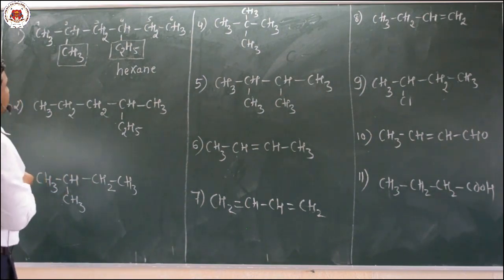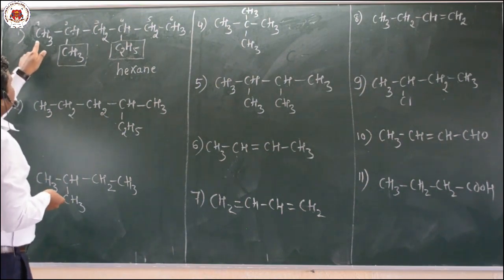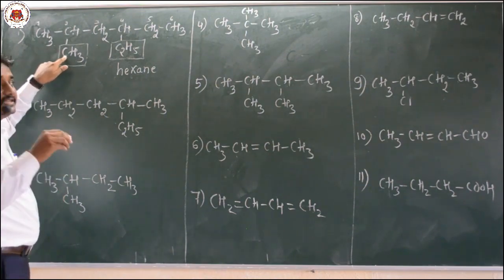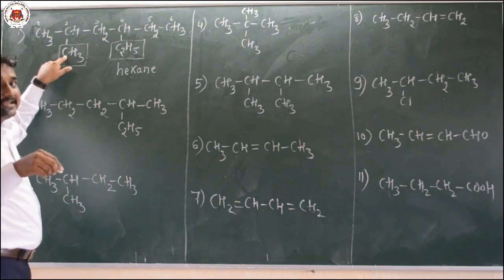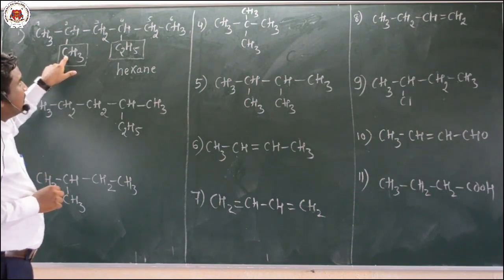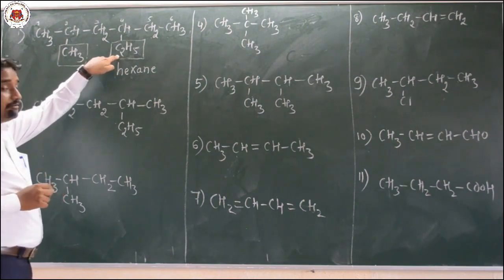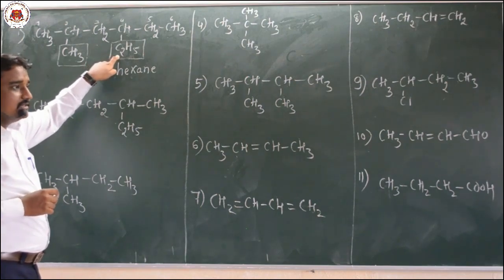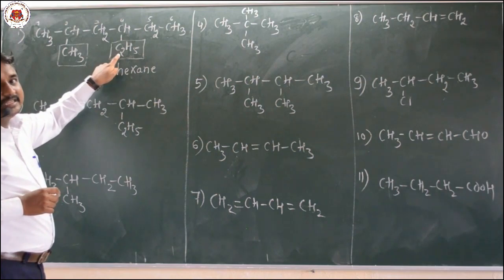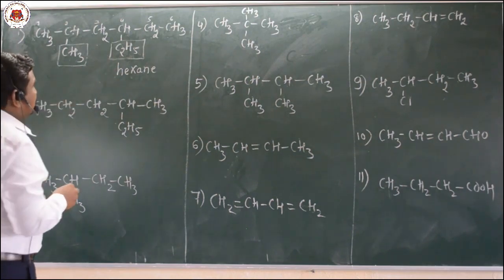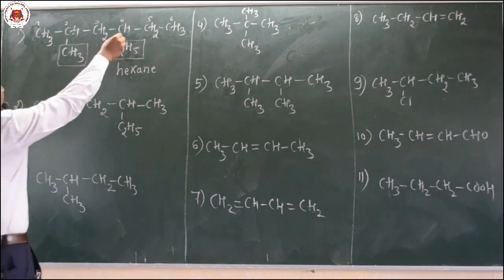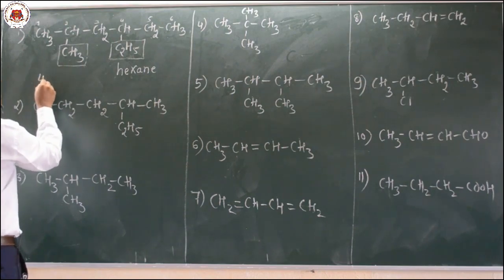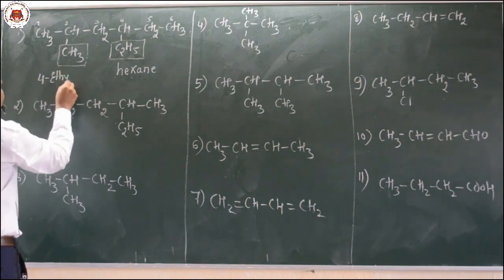Now the alphabetical order: at the second position we have methyl, the first letter is M. And at the fourth position we have ethyl, the first letter is E. According to alphabetical order, first you have to write the name of the ethyl group and its position. At the fourth position the substituent group is ethyl.